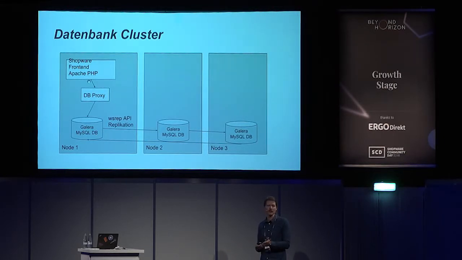But you still have the problem, what do you do if one of the nodes is not there? Or if you want to maintain the cluster, you have to start an additional node. You need to be able to control all that. And then you need an additional component in the entire system. That is the DB proxy, which I inserted on the left.